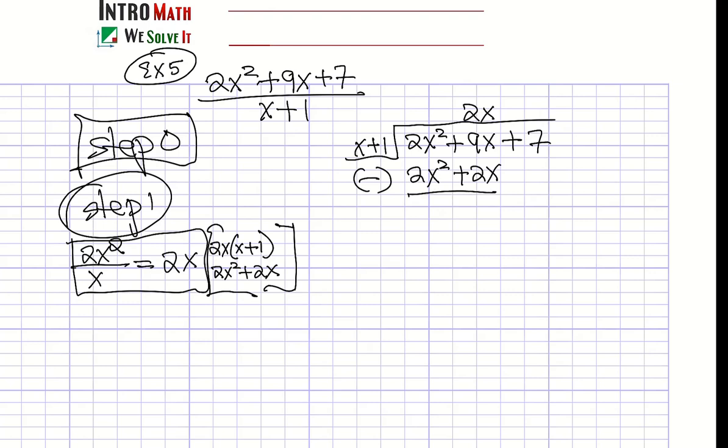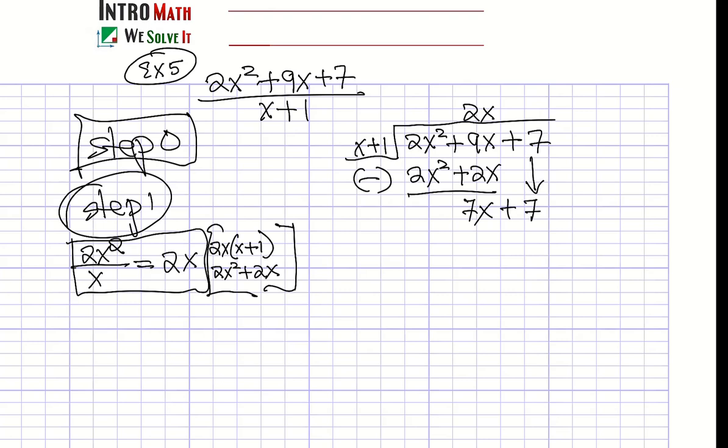Just be patient. If you're tired, take a break, continue doing it. If you subtract, notice that the first one always drops off, and then the second one you got negative. When you subtract, you get positive 7x.